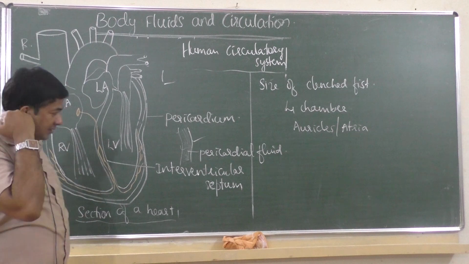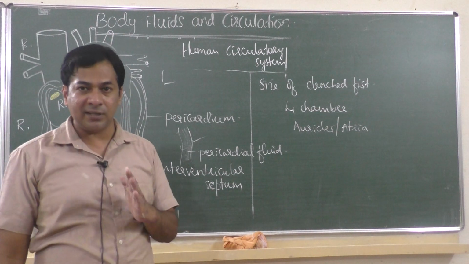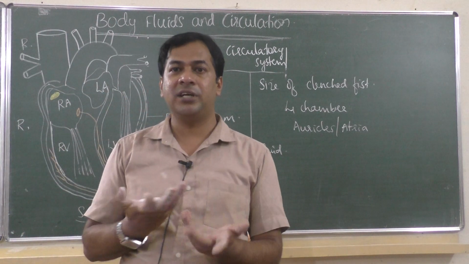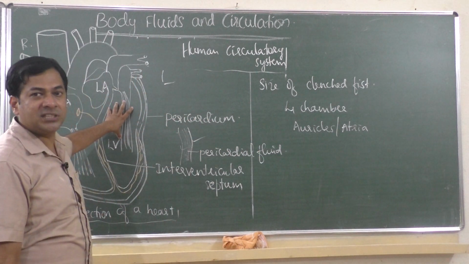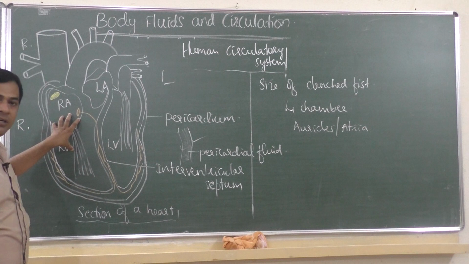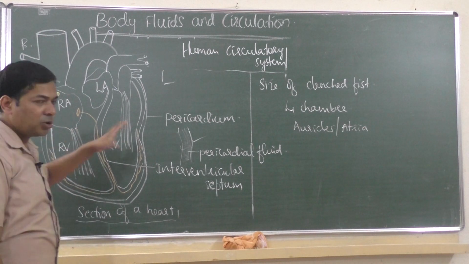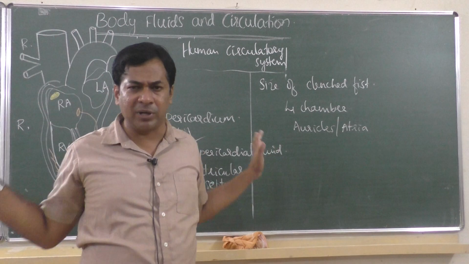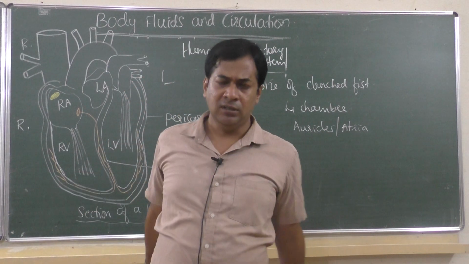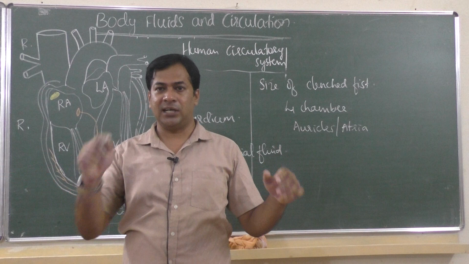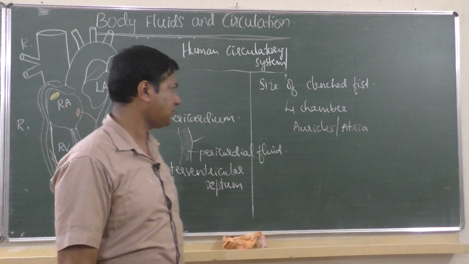And the septum is very important to separate oxygenated blood from deoxygenated blood, because the left part of the heart contains oxygen mixed blood and the right part contains carbon dioxide mixed blood. They don't mix up, they are completely separated. Not even a little carbon dioxide mixes with oxygen. That is why it is called complete circulation.